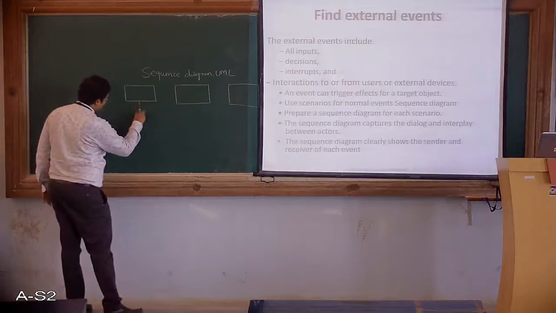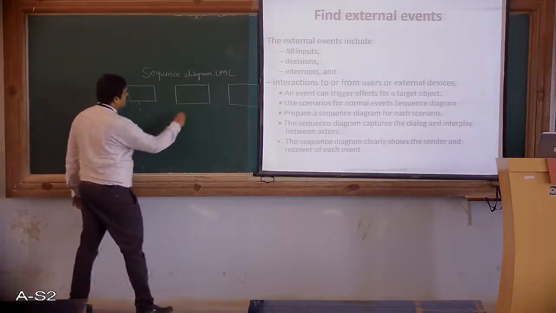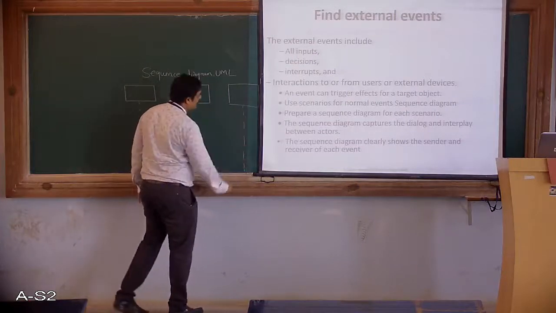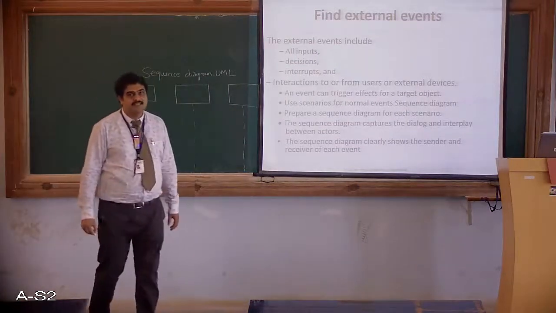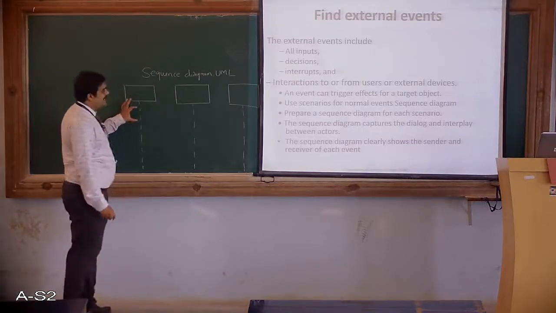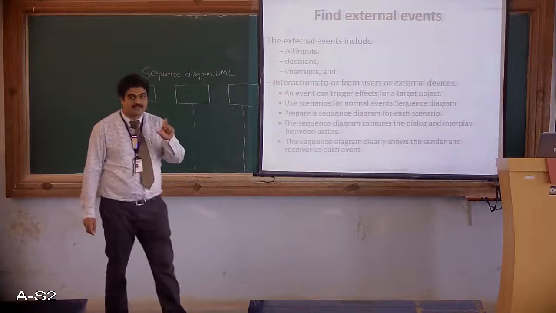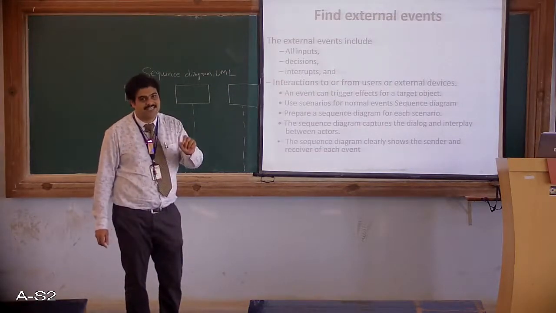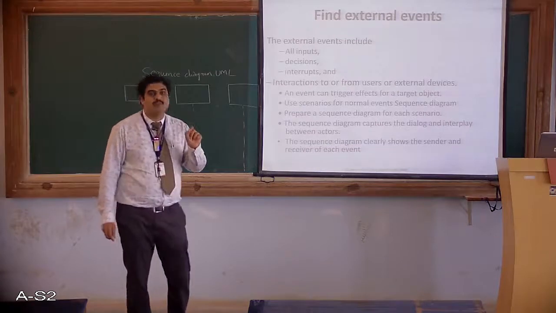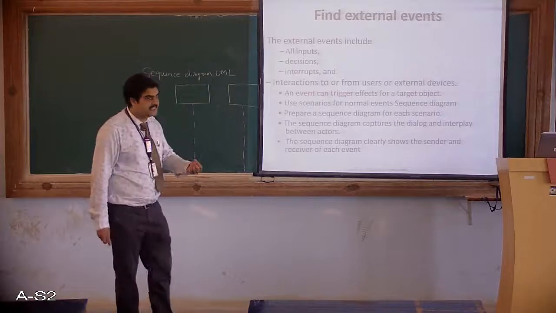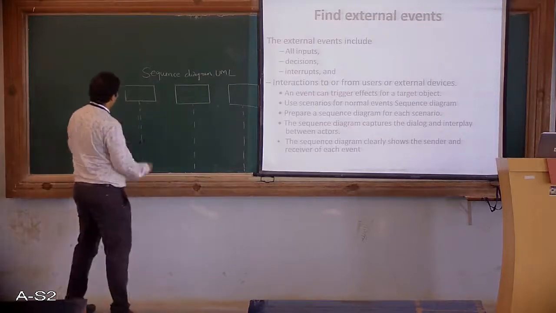Then we represent its lifeline with a dotted line. The dotted line indicates the existence of that particular object or actor, and at that point of time that object will be invoked. That is how you can represent the sequence diagram.